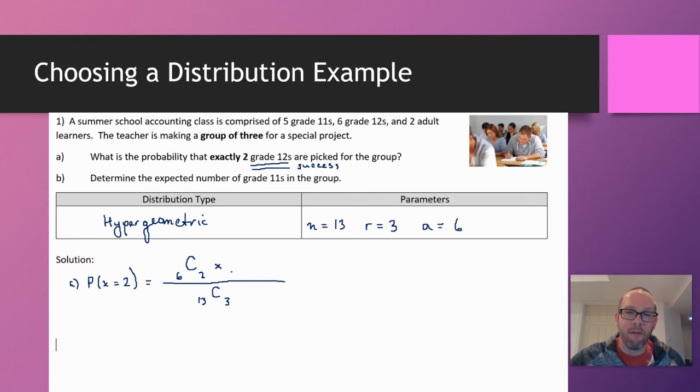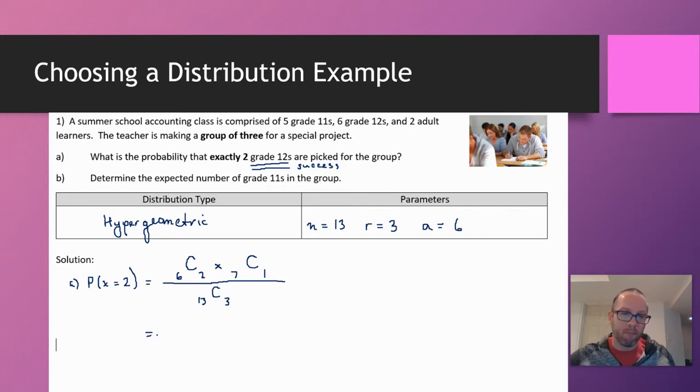So we have 7 non-grade 12s, and we're choosing one of them. 6 plus 7 is 13, 2 plus 1 is equal to 3. And we can evaluate this. I have not done this ahead of time, so I'll just do it along with you guys. I can probably do this by, no, I cannot. I was thinking I could do it by just mental math, but then 13 choose 3 was going to be a pain in the butt. So no thanks.